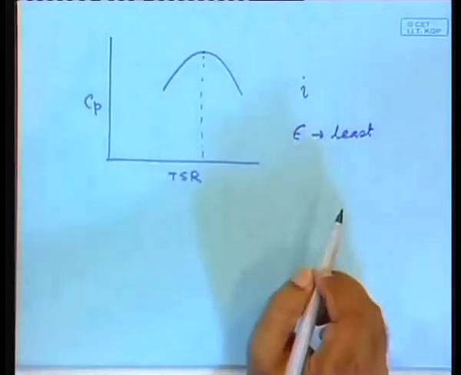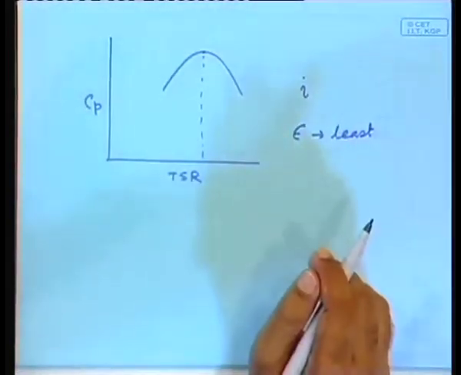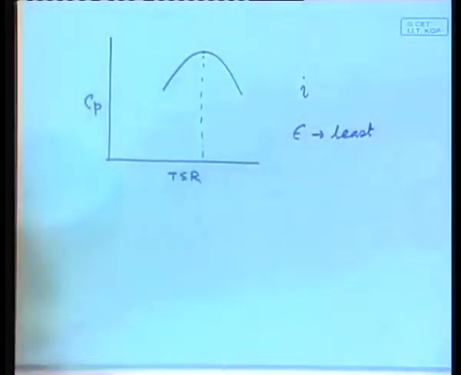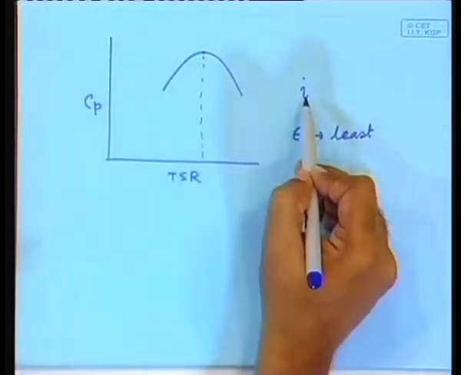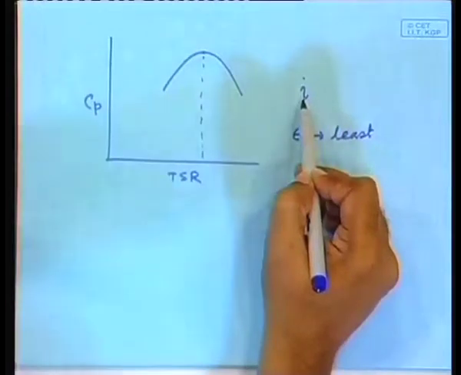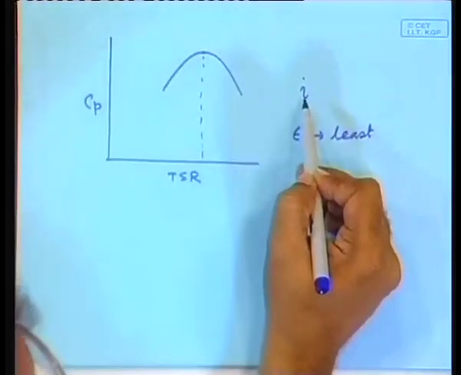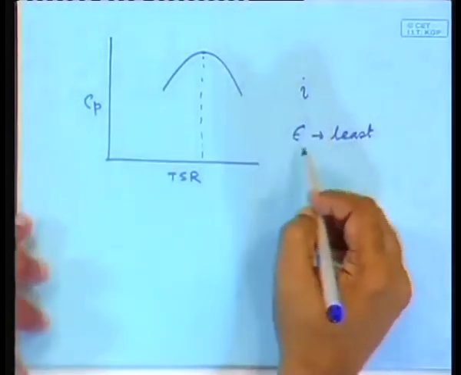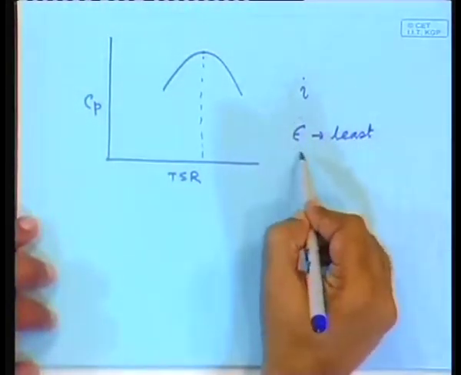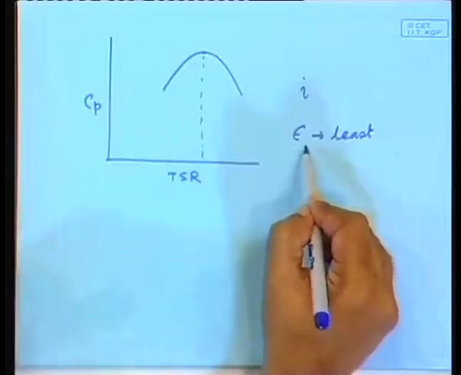From the airfoil characteristics, we get the value of the lift coefficient versus i, the drag coefficient versus i, and from there we find the least value of epsilon. How?